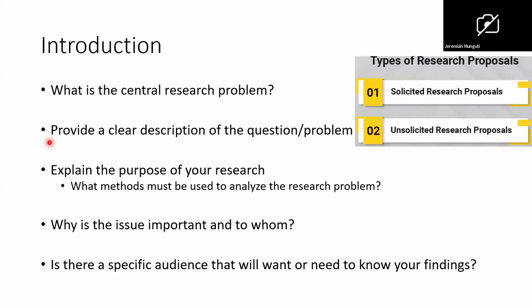And what is this introduction? What is the central research problem? We are talking about metabolic syndrome in rheumatoid arthritis, for example, a research I did before. The central problem there was metabolic syndrome in a group of patients with rheumatoid arthritis.